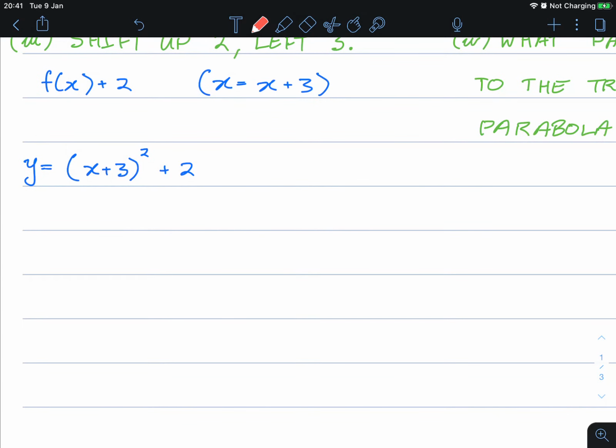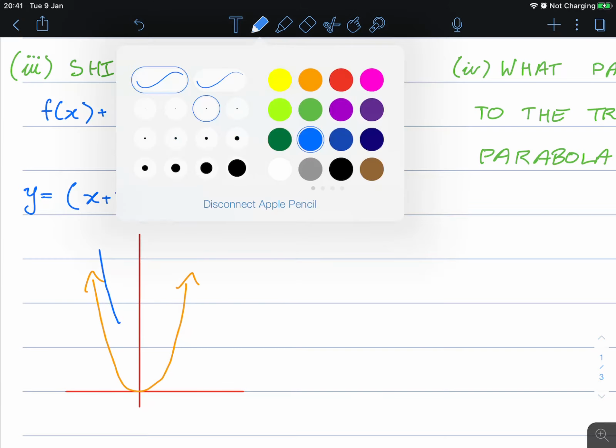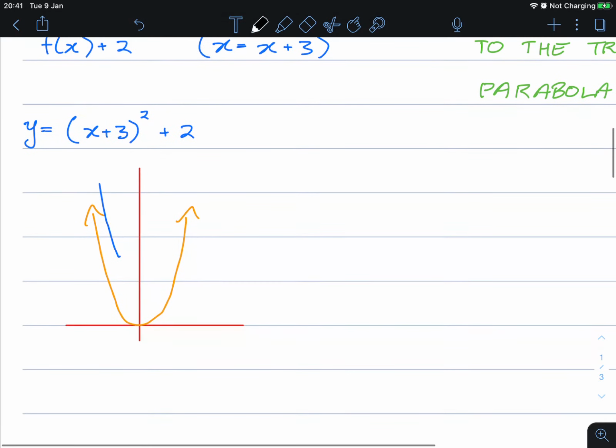Now, just to draw this again, here is the original function in orange. This will now be 0, 0.